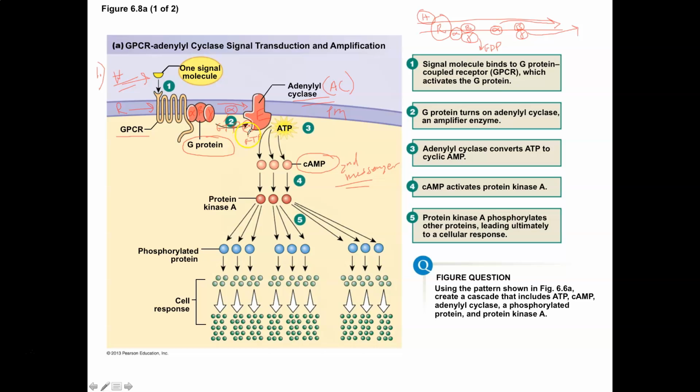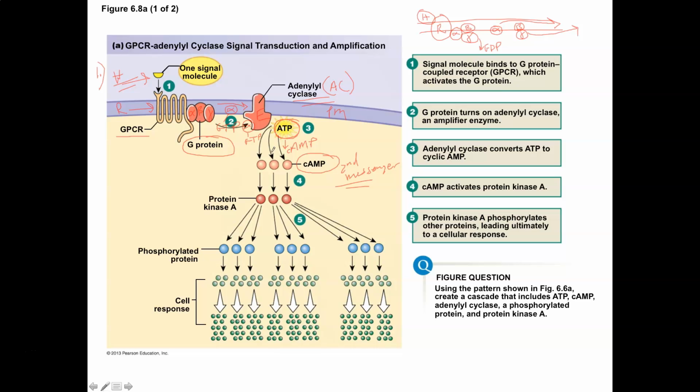So the alpha with the GTP comes and binds to the enzyme. And what that does is it turns on the enzyme and allows it to do its job. The job of the adenylate cyclase is to take ATP and convert it into cyclic AMP. So we are producing cyclic AMP from ATP.